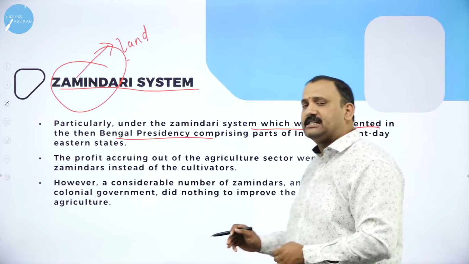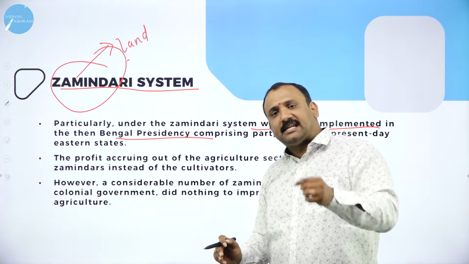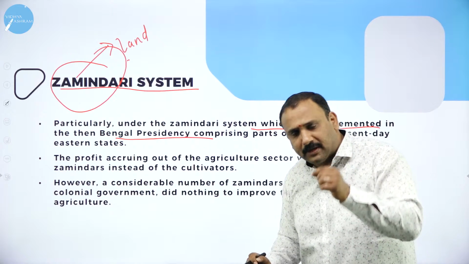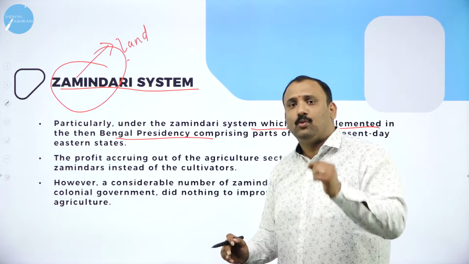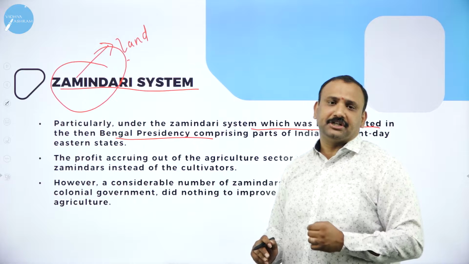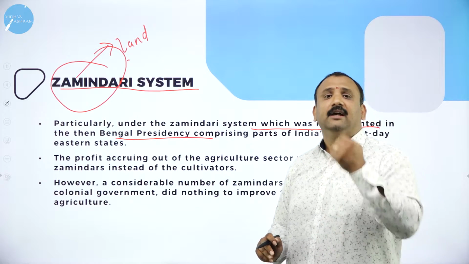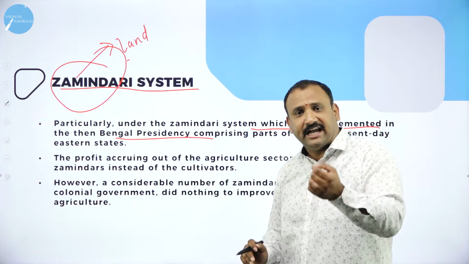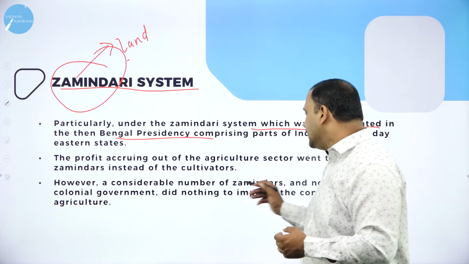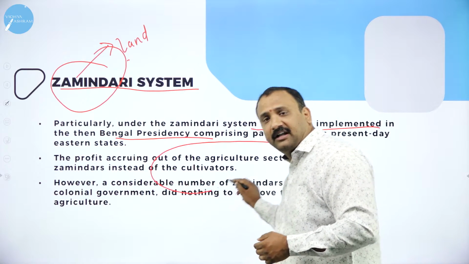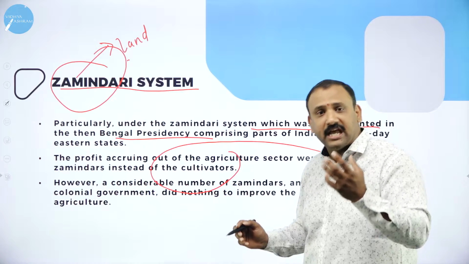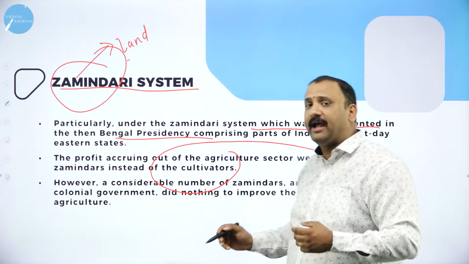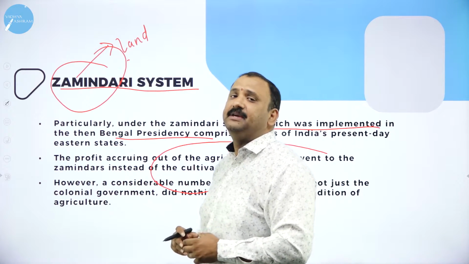So what they did is that the profit that starts accruing from the produce, from the land, was directly taken up by the Britishers. They were not ready to give away that revenue, that profit sharing ideology to the farmers. Every single sector of agriculture that was grown was taken over by the British. So that is why they started having the zamindars.